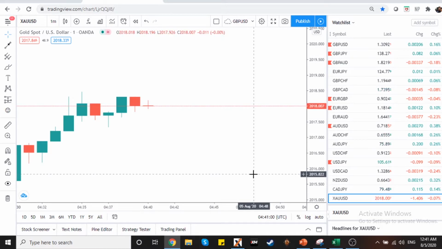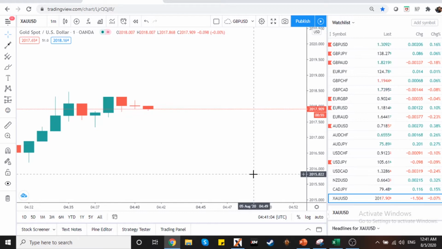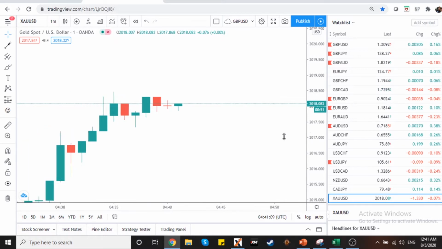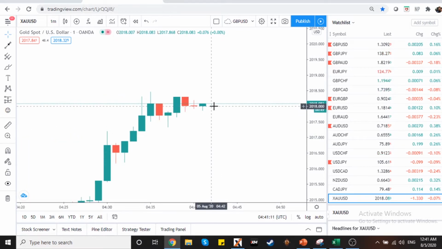It's mabilis gumalaw ang gold. And considering that it is 12:41 AM in the US, right? Ganyan yan siya. So, if you're a scalper, nagpasok ka ng trade dito, tapos gumalaw lang siya ng konti, ang sakit na. So, medyo risky siya.